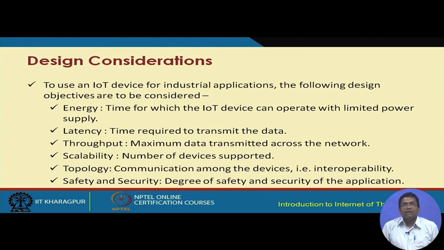So, interoperability is very important. Not only that, but how these devices form the network is very crucial as well. So, the overall network topology formed out of the devices and how these devices interoperate with one another is something that has to be taken as one of the important primary design considerations in building IIoT.